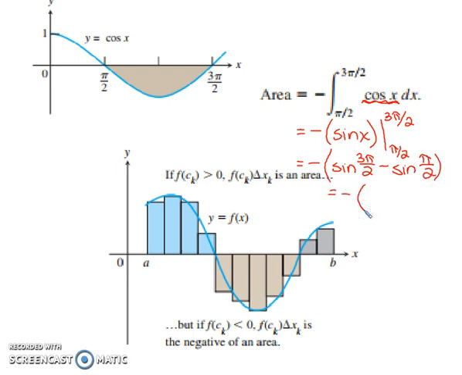So the sine of 3 pi over 2 is negative 1. The sine of positive pi over 2 is positive 1. So if all I was doing was finding the integral, it would be negative 2. However, the area would need to be the opposite of that because it can never be negative. So the integral from pi over 2 to 3 pi over 2 is negative 2. The area is positive 2.